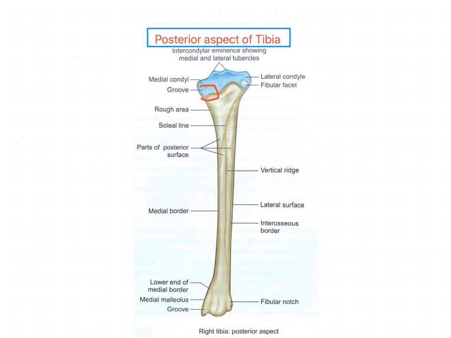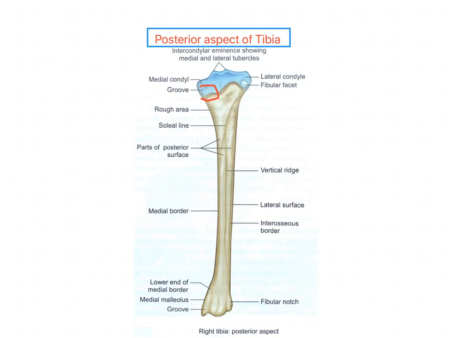Yes. Now, if you see, the lateral condyle has similar anterior, lateral and posterior surfaces. The posterolateral part of the lateral condyle bears an oval articular facet for the upper end of the fibula.